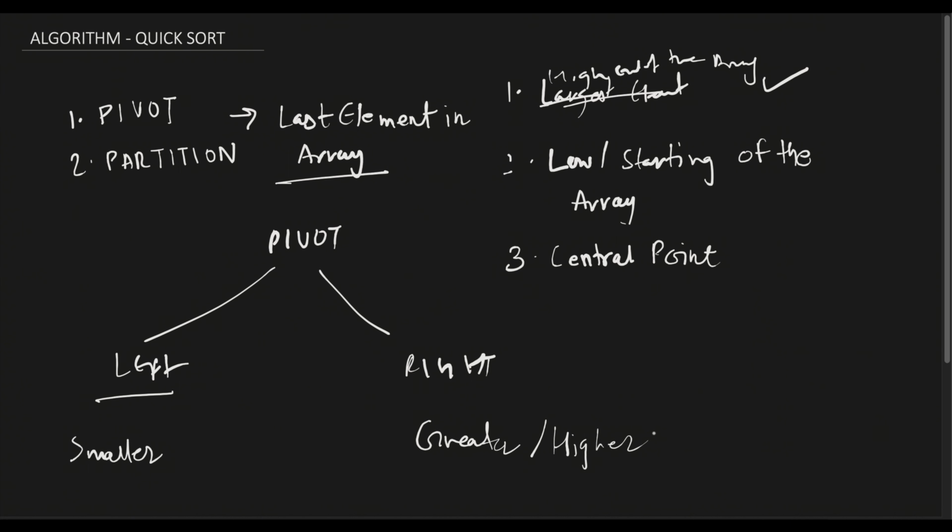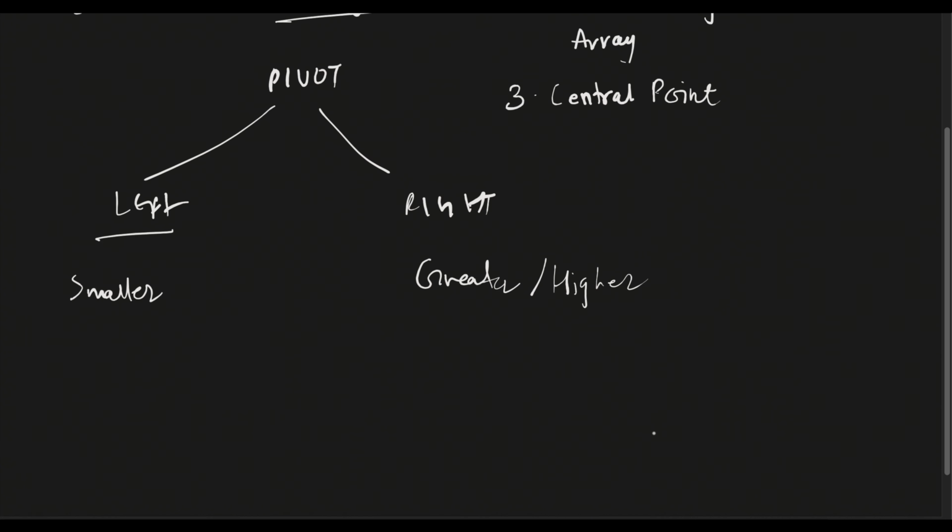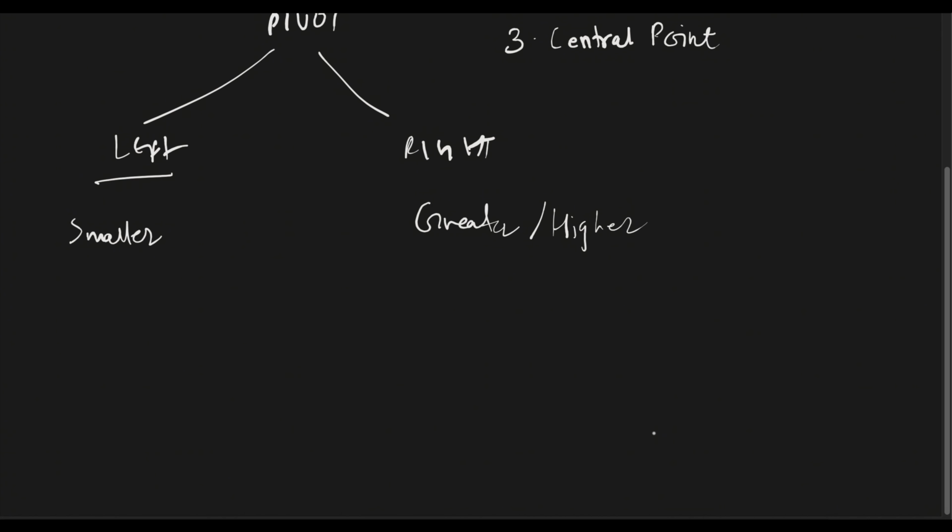We keep dividing the left and right subarrays using the same approach until each subarray contains only a single element. Like I told you, we usually take the pivot as the last element of the array. So using an example, let's see the quick sort approach.